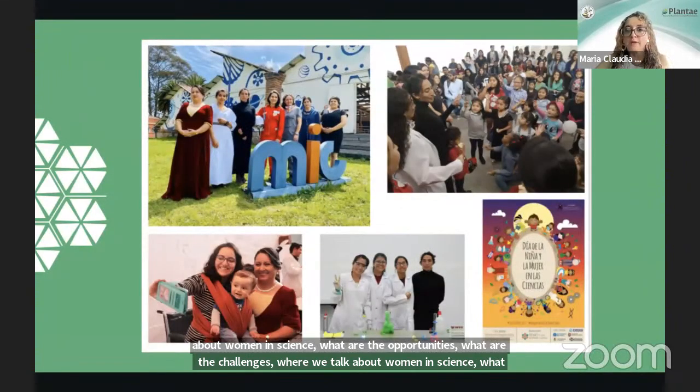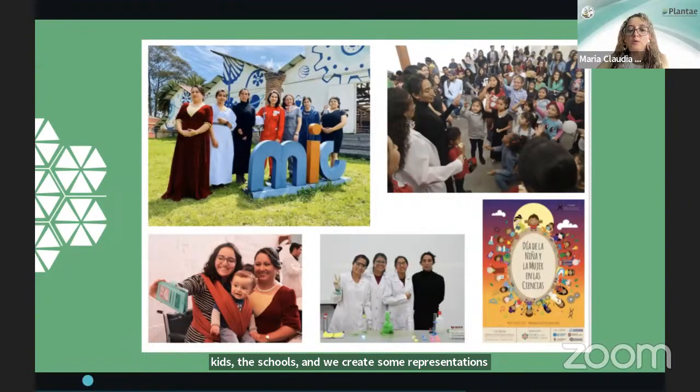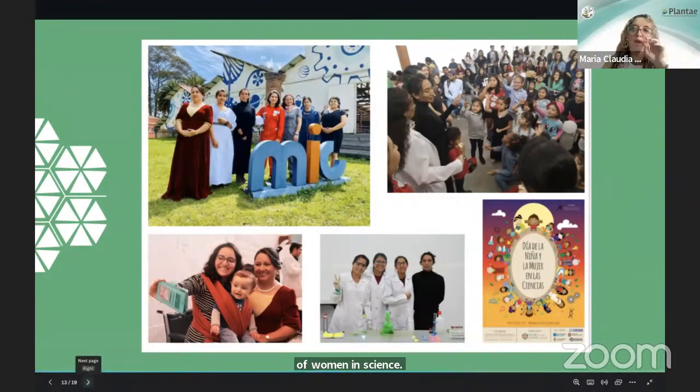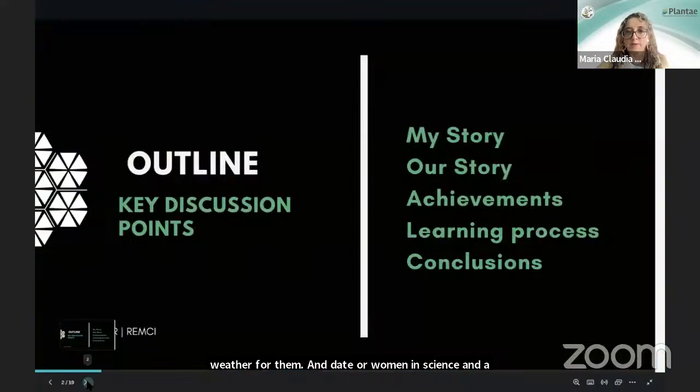Also, we create workshops and activities with different entities, for example the Science Museum in the capital, where we get a lot of kids and schools, and we create some representations of women in science. We create different events around all of Ecuador for the Day of Women in Science and Technology, which is February 11 of each year.